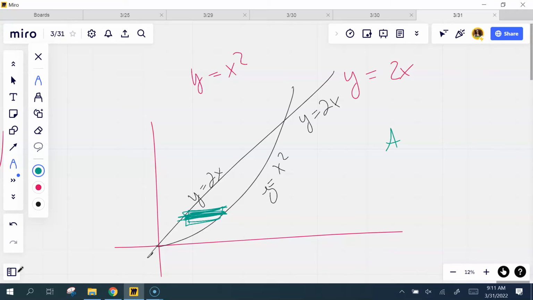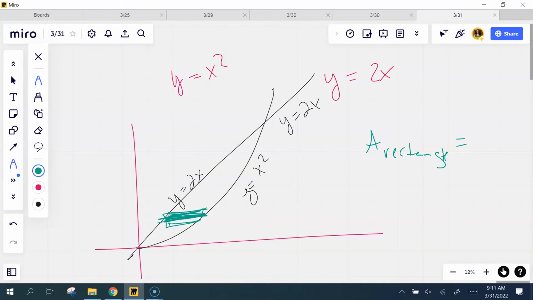So I want the area of the rectangle, and to find it I need the base and the height. I have one of them, and the other one I'm just going to multiply by 3. But I need to figure out the equation for the base, from here to here.